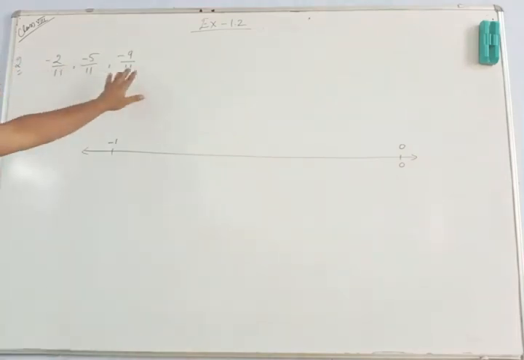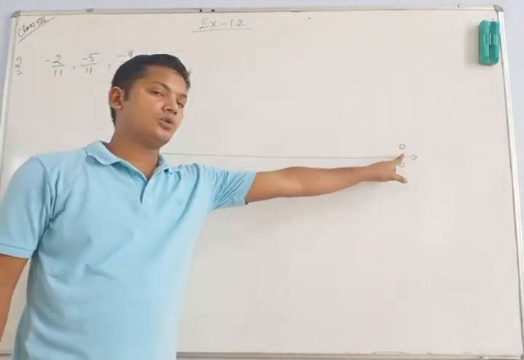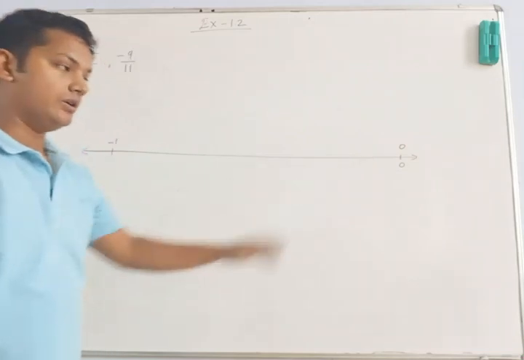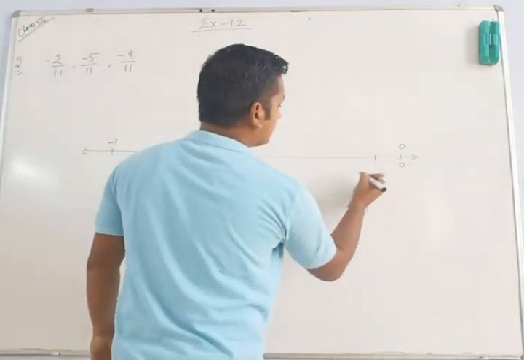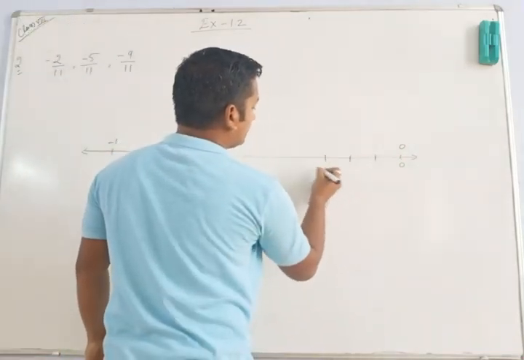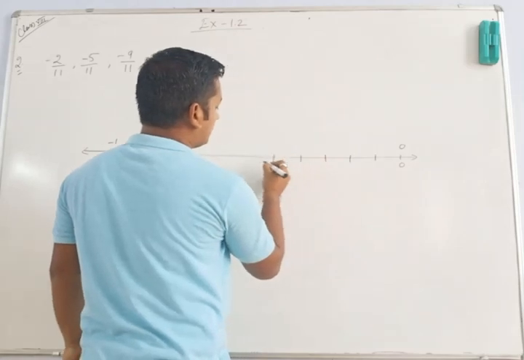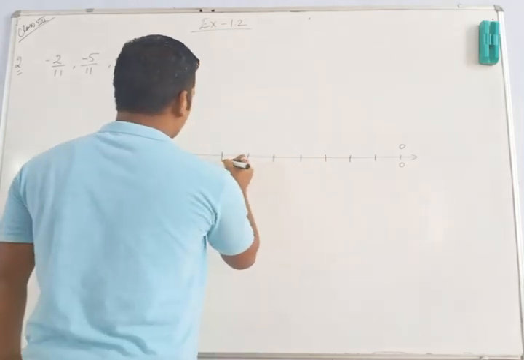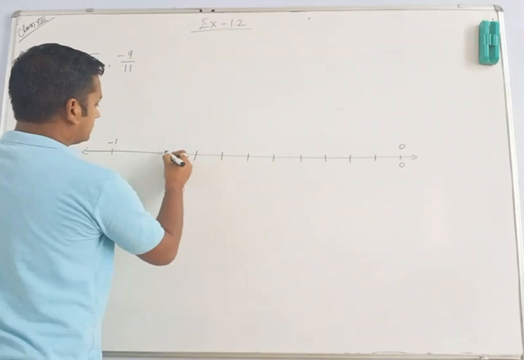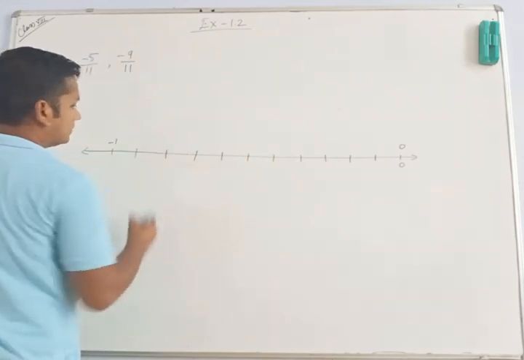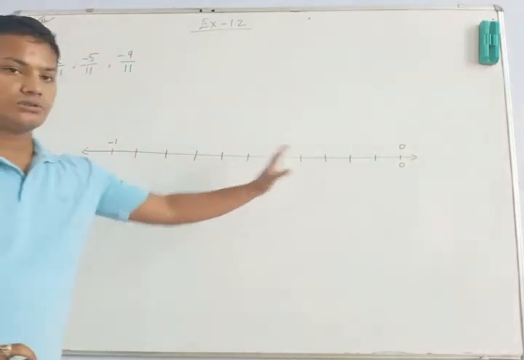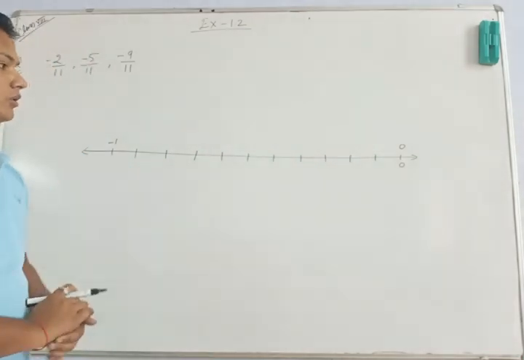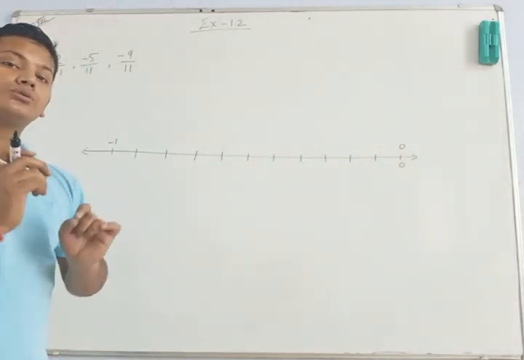All these are negative, so I will keep this 0 at the right hand side. Now 1, 2, 3, 4, 5, 6, 7, 8, 9 and 10. So 10 divisions in between, and all of those must be equal.